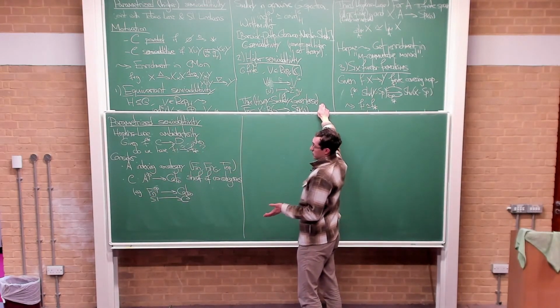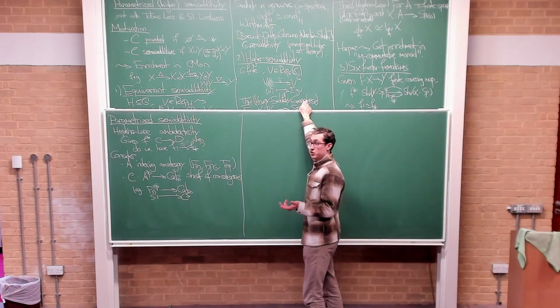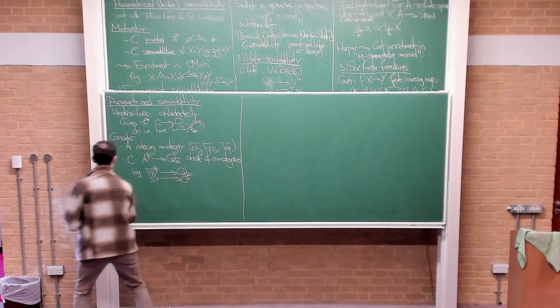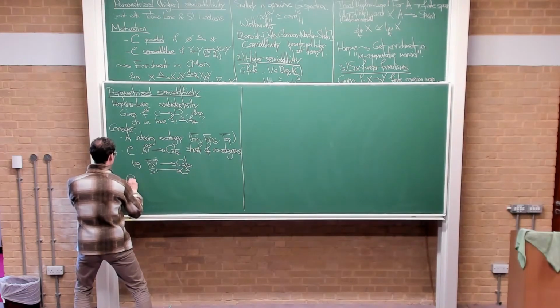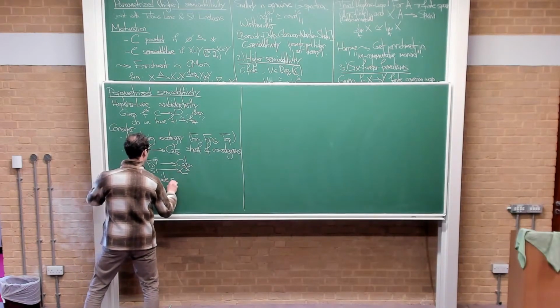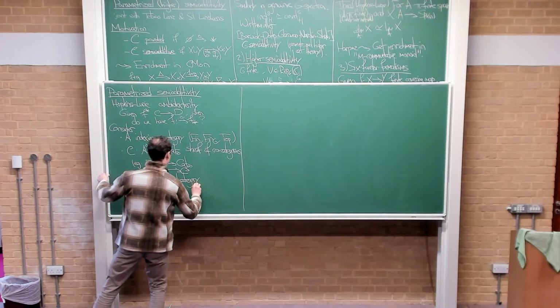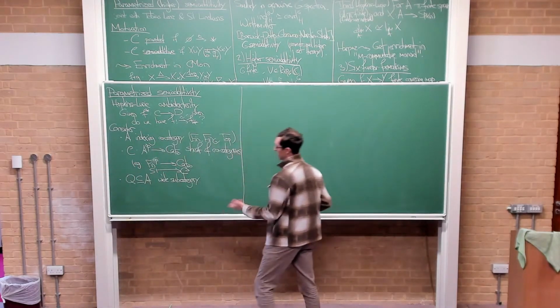And then the third ingredient we need is our choice of maps along which we want to have transfers. So we're going to ask for some Q inside A. This is a wide subcategory, so it needs to contain all objects.